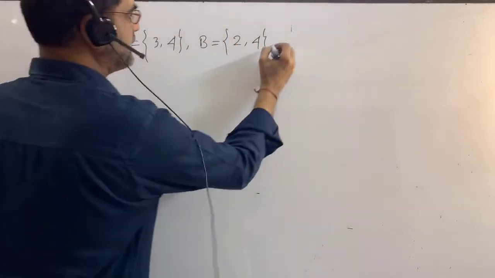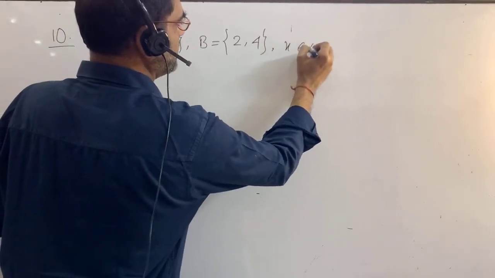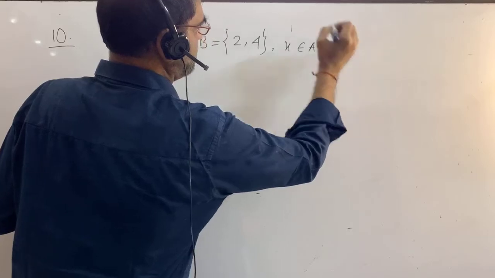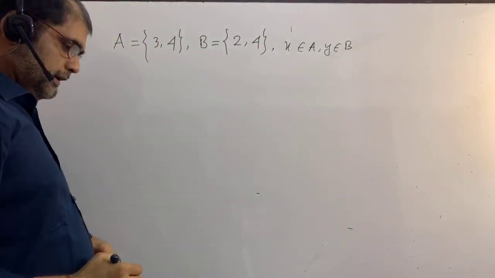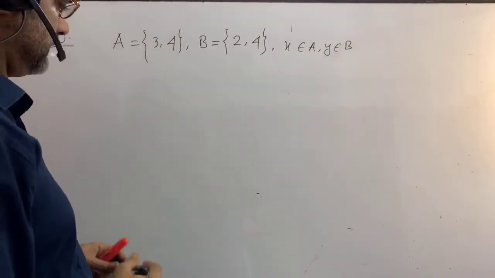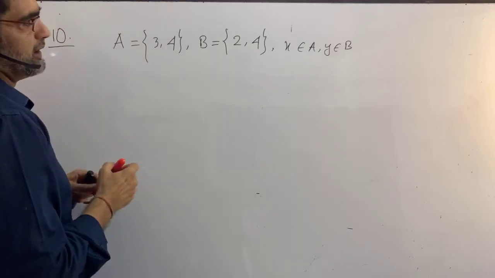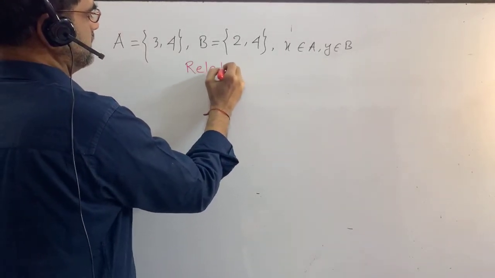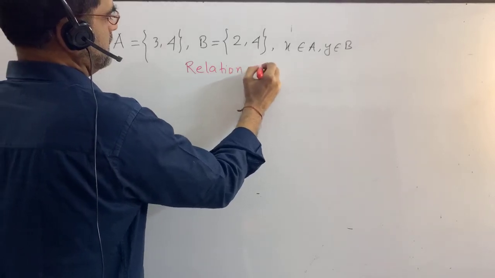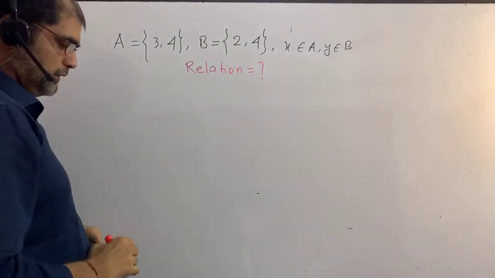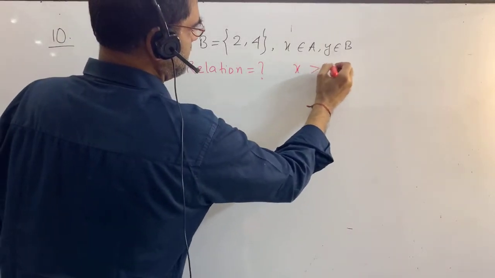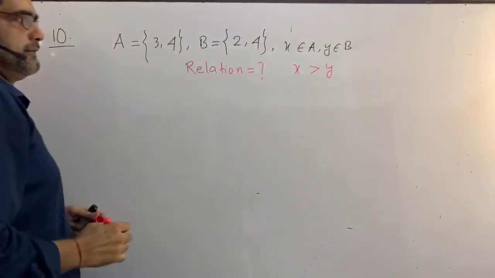And it is also given that x belongs to A, y belongs to B. We have to determine the relation where it is told x greater than y.